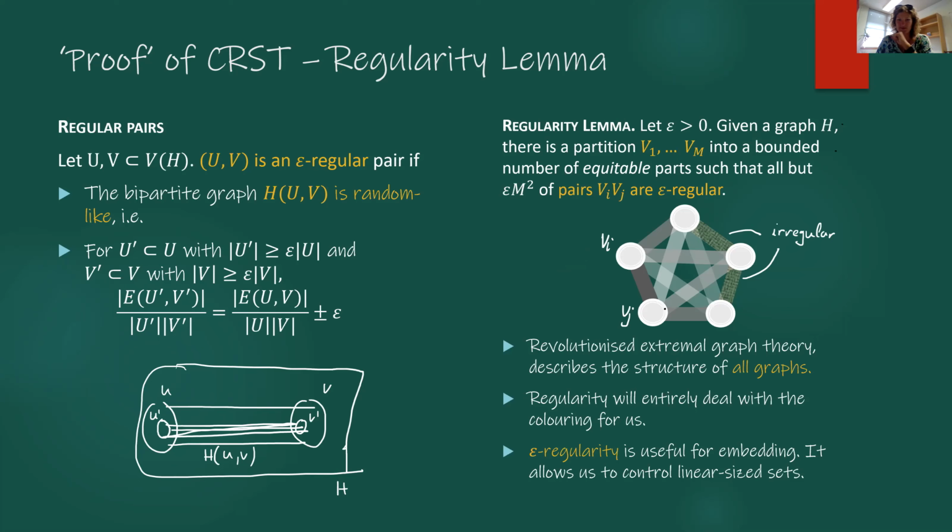I had a question as well. For a given pair of U and V, is this epsilon value, this level of regularity, monotonic, is that the right word?